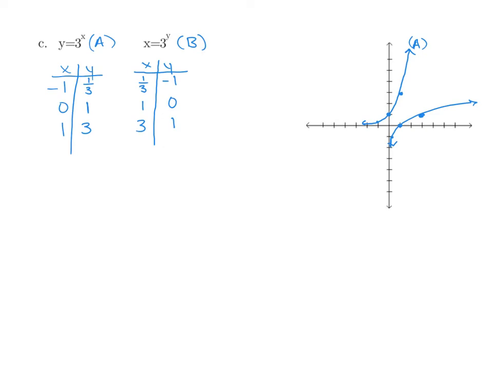Again, we do not want to touch, cross, or veer away from the y-axis. We can also go ahead and graph our line y equals x. And depending on how accurate your graph was, you should see some mirror images here.